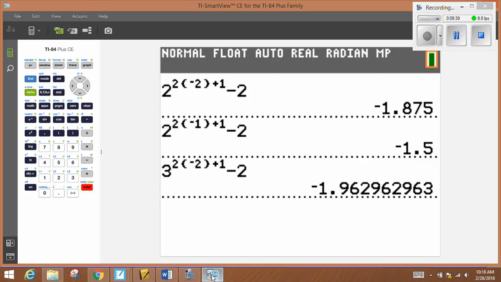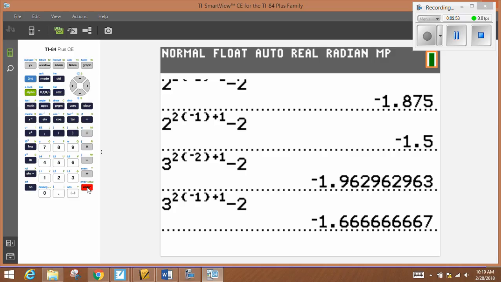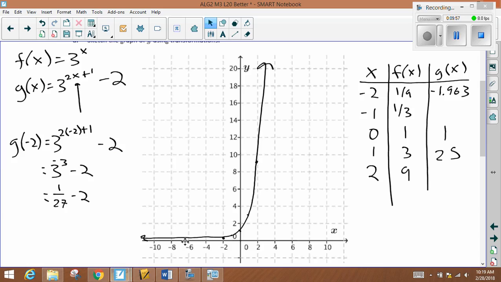I'll do it. All right, negative 1.667. And then I think we're good.